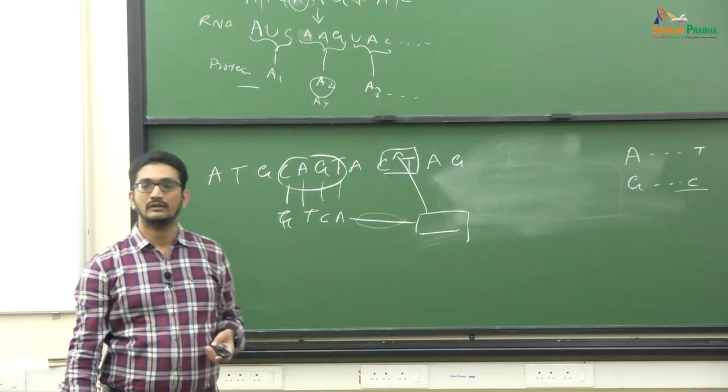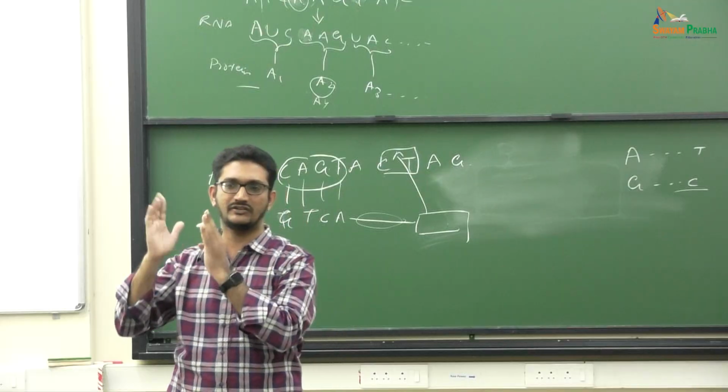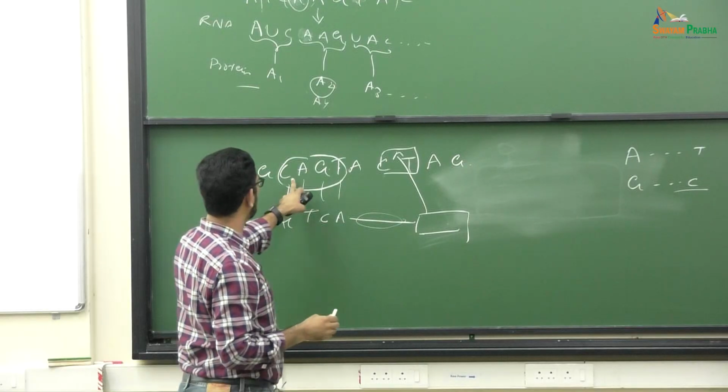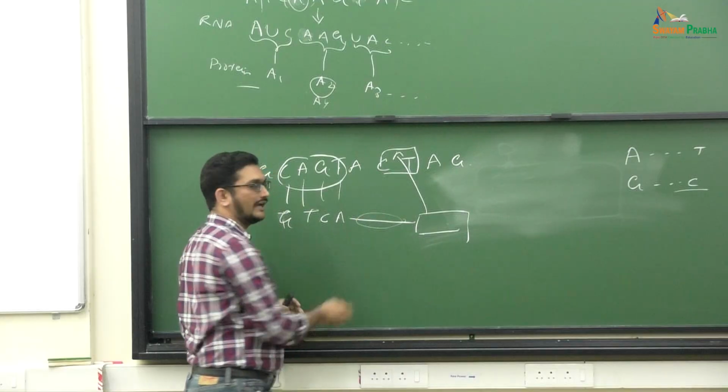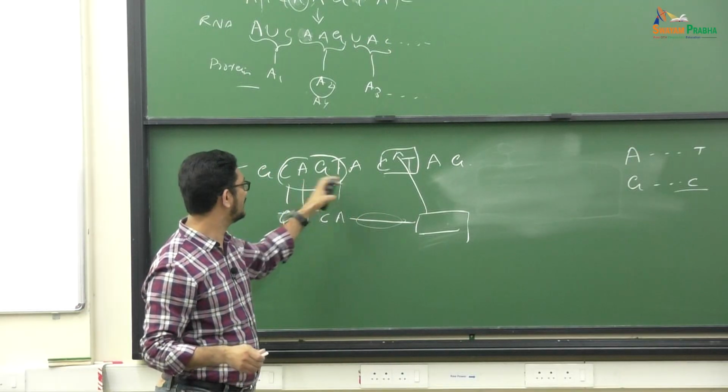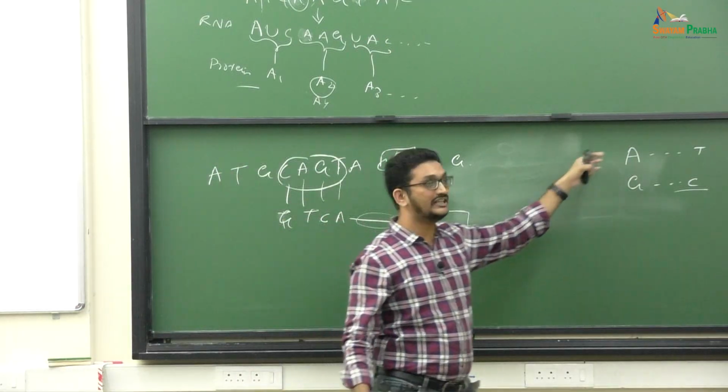Sir, here the part of the DNA we want to remove is the unique part in the whole sequence, but if there's a repetition of the part which we want to remove, then how do you do that? That's a good question. Repetition is only for a specific region. For example, I have this CAGT repeating multiple times, but repetition will stop somewhere, right? Now CAGTAC, but there will be CAGTGT probably.